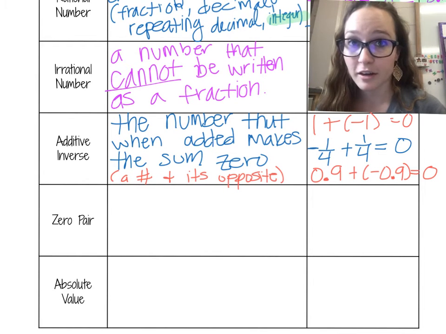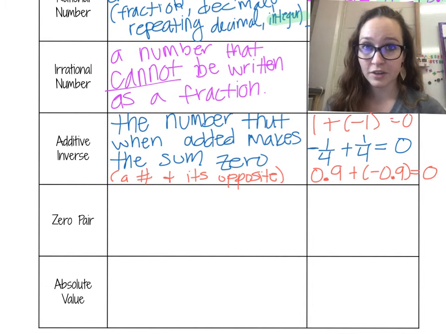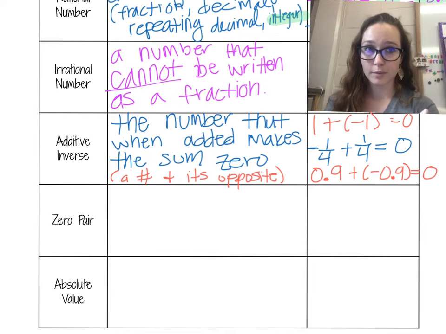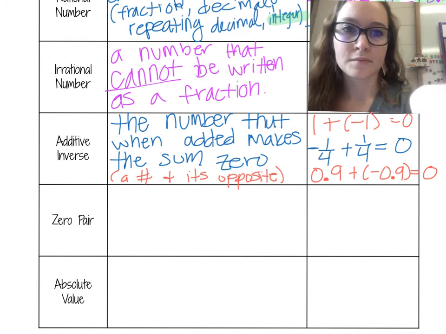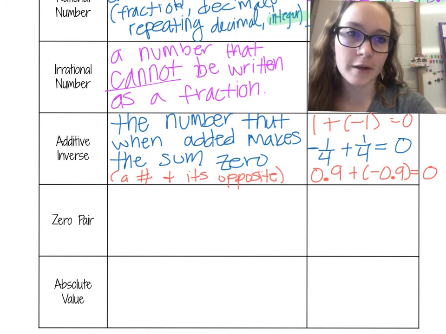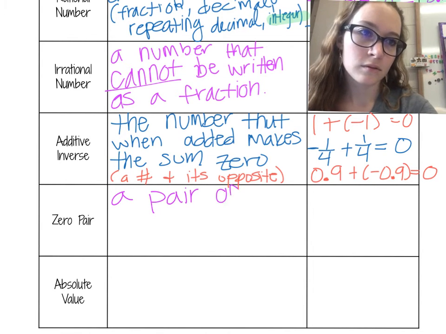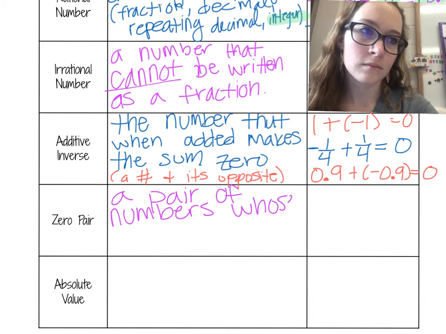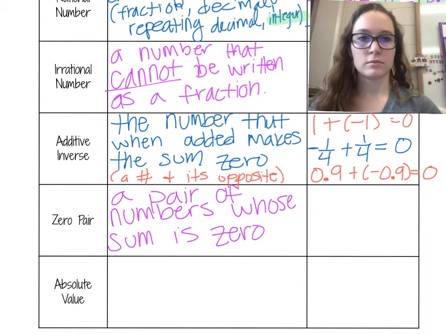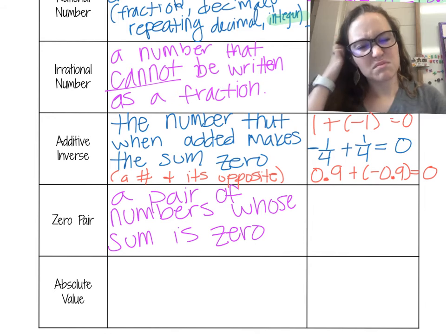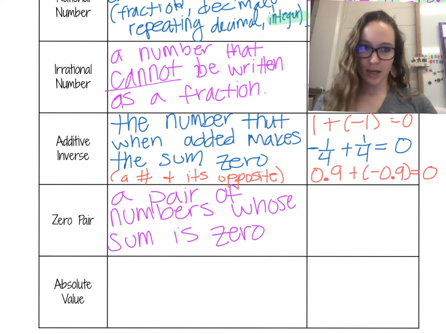Okay, a zero pair is just like the additive inverse, but not as an addition problem. It's kind of more like a list. So a zero pair is a pair of numbers whose sum is 0. So like really just a number and its opposite.